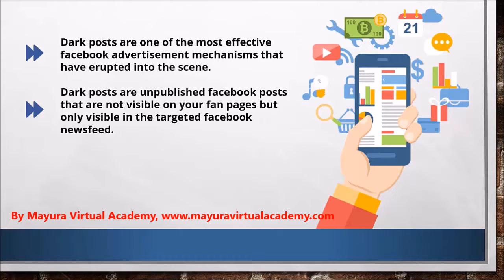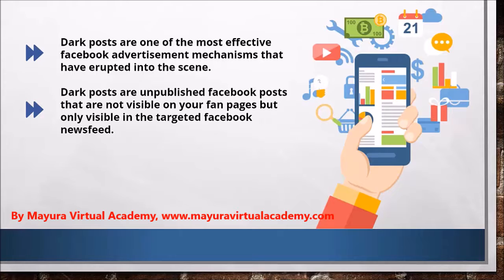Another advantage of using Facebook dark post is split testing. Imagine if you wanted to split test 5 different images for a similar kind of post, or you want to split test your post appearing in the desktop news feed, the mobile device, or just on the right column of Facebook. How do you do that? You can do that by using Facebook dark post.